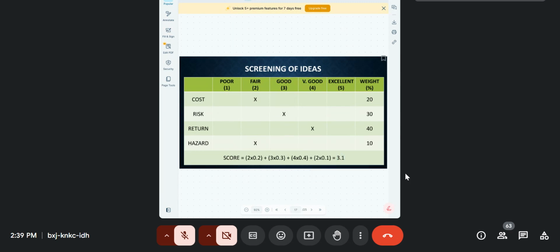So that's just a simple way to actually score the project. So you do this for each and every project, then you can list the scores and see which ones have done well. So of course, the closer they are to excellent, the better it is for you.